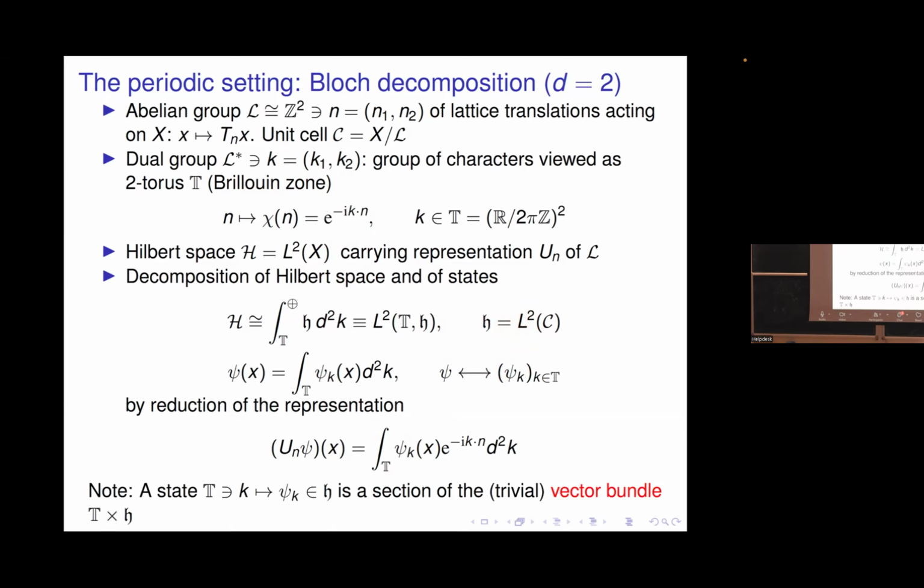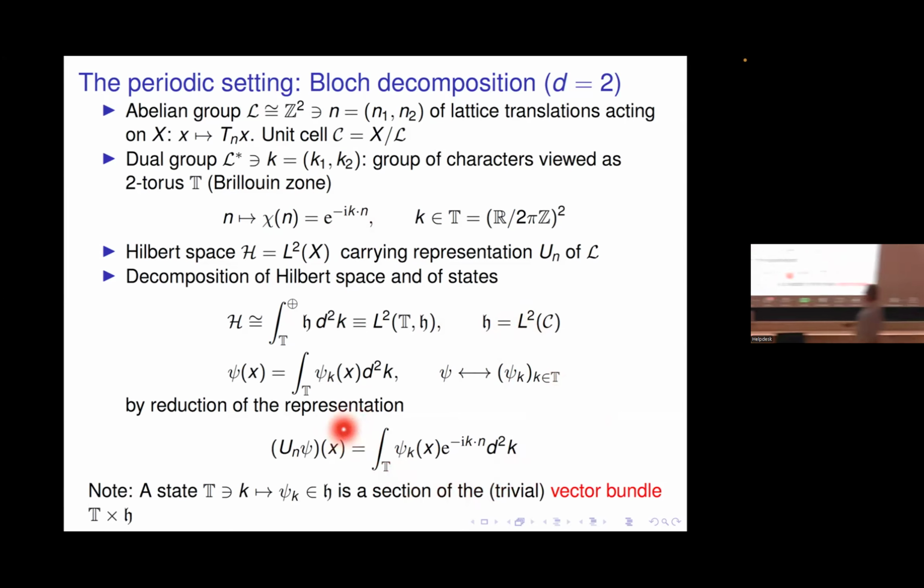What does it say there? So technically speaking, the state, which is a map from k to psi_k, as we said, is, in other words, a section of the Hilbert vector bundle given by the base space, the torus, and by the fiber L2 of the unit cell.